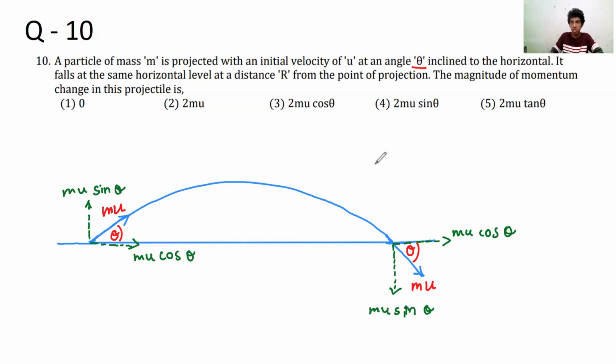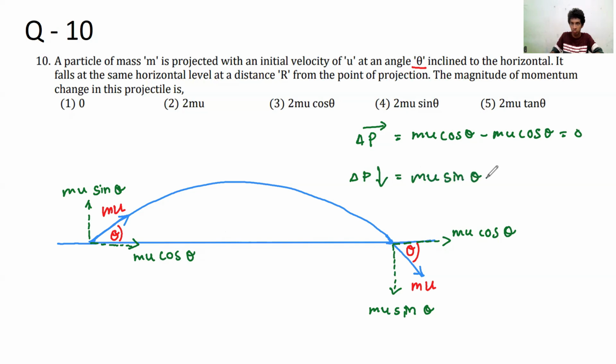Now, let's take the change in momentum in the horizontal and vertical directions separately. The change in momentum in the horizontal direction will be mu cos theta minus mu cos theta. That means final momentum minus initial momentum, that is zero. Then we will calculate the change in momentum in the vertical direction. So the final momentum is mu sin theta minus the initial momentum. Now this is really important.